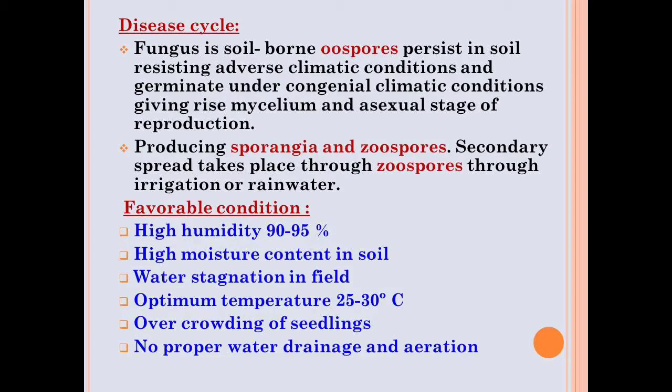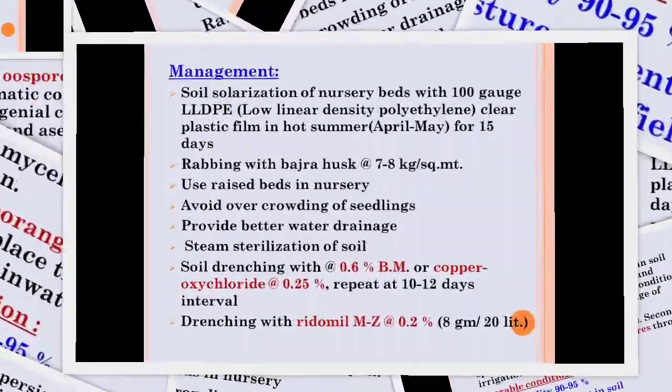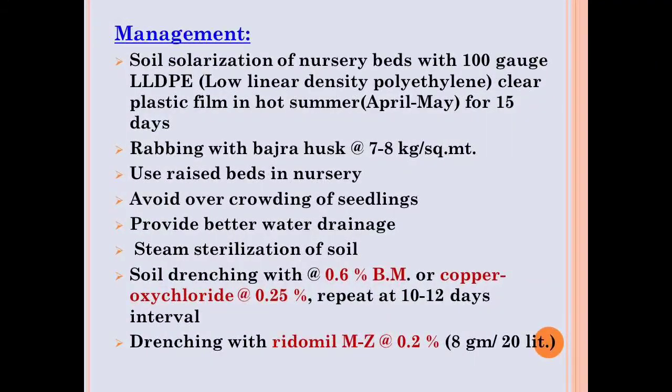And these zoospores will migrate, or they can infect adjacent healthy crop through irrigation water or rainwater. Similarly, this disease favors high humidity and high moisture content. So these two factors are predisposing factors for development of this disease.